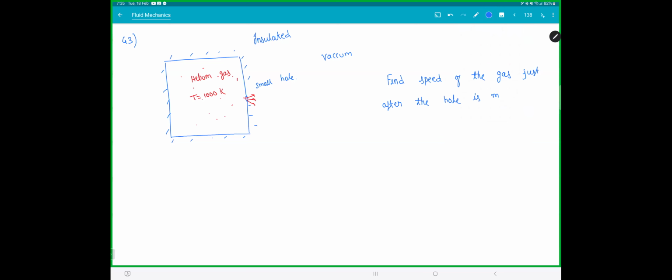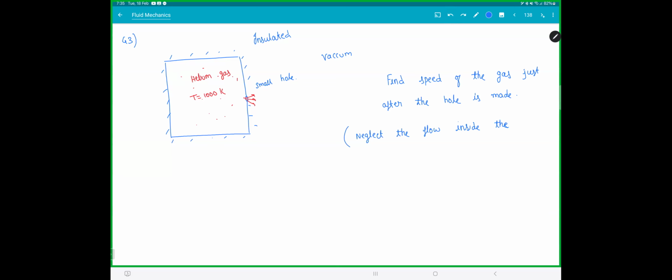Now, why just after? We can make one assumption here. We can neglect any flow inside the container. That is, we are assuming the gas is at rest initially. Because after some time, this gas inside will start moving. I can't find that velocity.